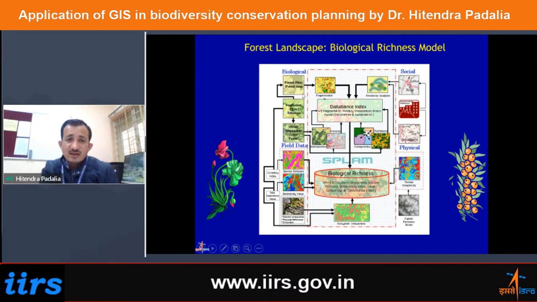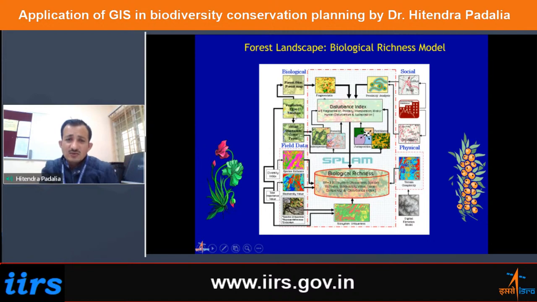Then you divide the area into forest and non-forest. Based on that, you have fragmentation indices, you compute the level of fragmentation and the isolation of the patches. Similarly, you can take roads and settlements and do buffer proximity analysis, which is another very important tool in GIS.